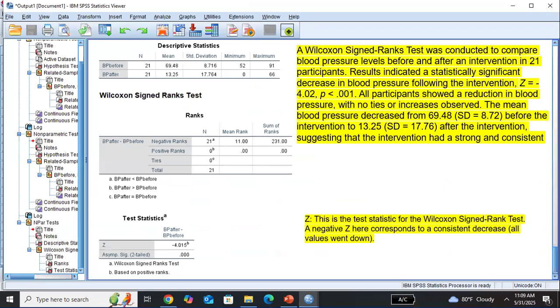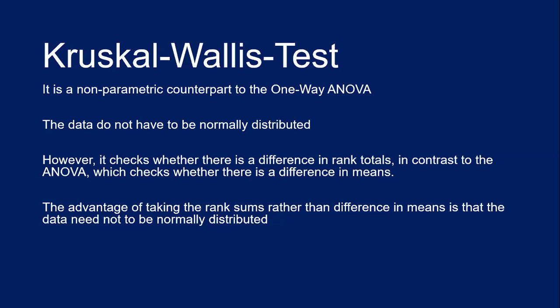So this interpretation is given. Again, you have to go for descriptives, you have to go for ranks, and you have to see the Z-score as well. It's a negative number, so it means that there is a consistent decrease in all the values of the blood pressure, and there is only one p-value, so it will not be difficult for you to interpret. So it is statistically significant.